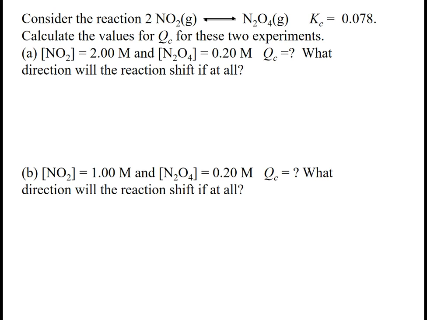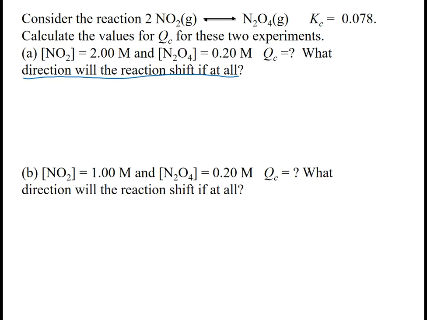Here's an example. Consider the reaction of 2 nitrogen dioxide goes to form 1 dinitrogen tetraoxide, and it gives me the KC. It says calculate the value for QC in these two experiments, and gives me the two concentrations. Notice that this is the reactant and that's the product, so it gives me both, and asks what the reaction quotient, or QC, will be. What's key about this, and how you can tell it's a QC problem, is it will ask what direction the reaction will shift.